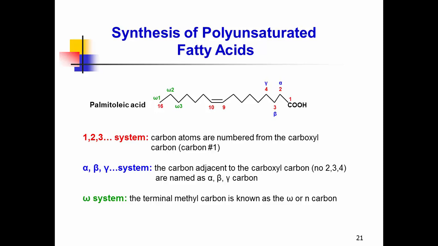We will also talk about beta oxidation of fatty acids later. This is based on the alpha, beta, gamma numbering system, meaning the carbon chain is broken between the alpha and beta carbon when the fatty acid is being oxidized. That's why we call it beta oxidation.